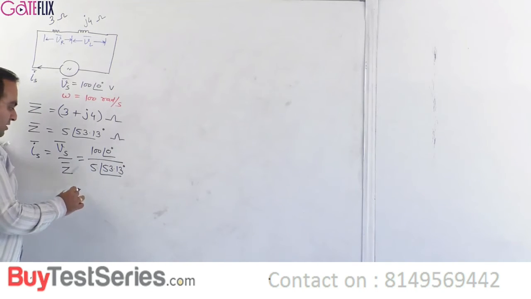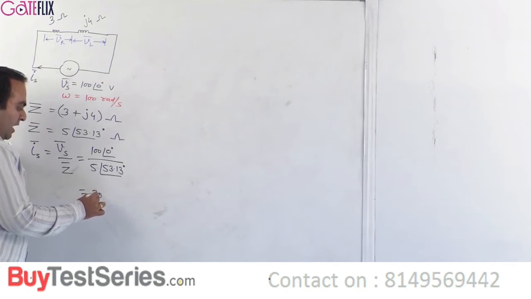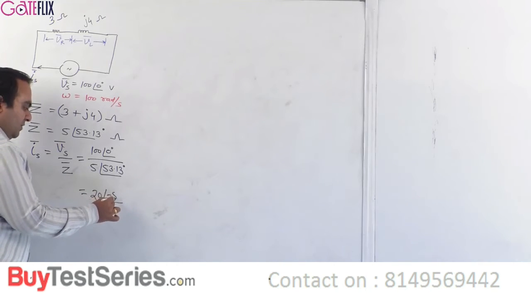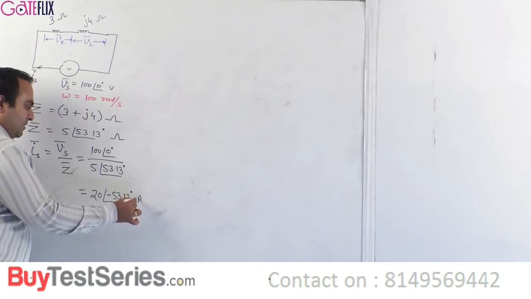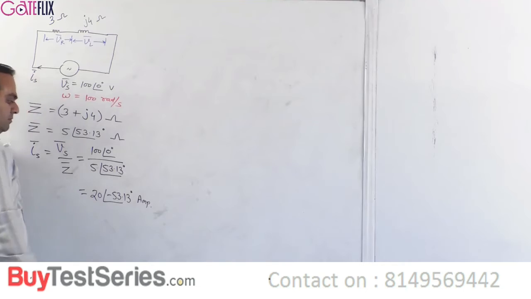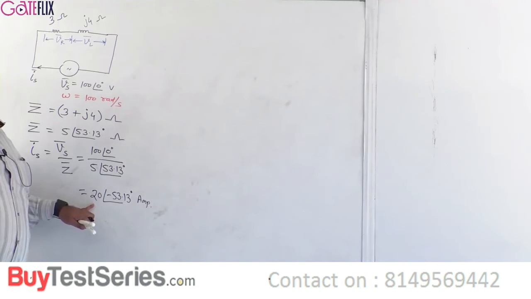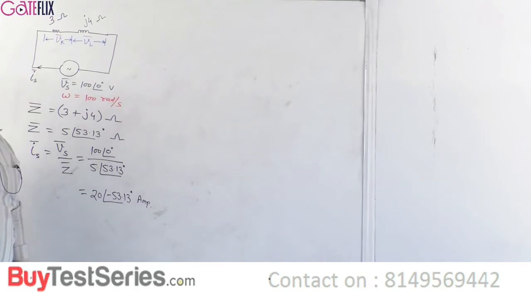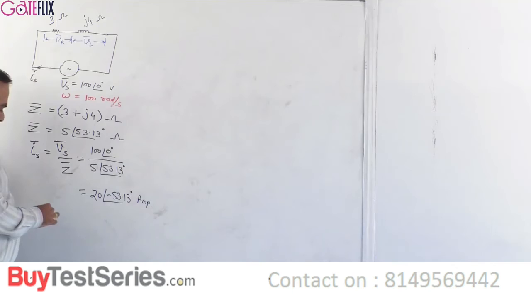So this becomes 20 angle minus 53.13 degrees amperes. So this is the current phasor having this magnitude, and it is lagging the supply voltage by 53.13 degrees. This also gives you the information about the power factor at the supply.